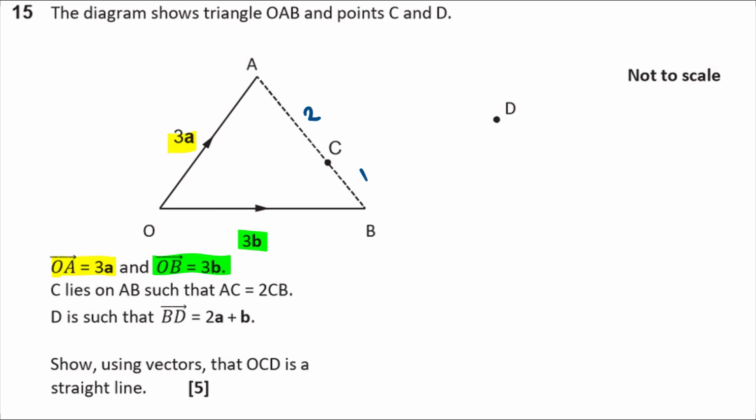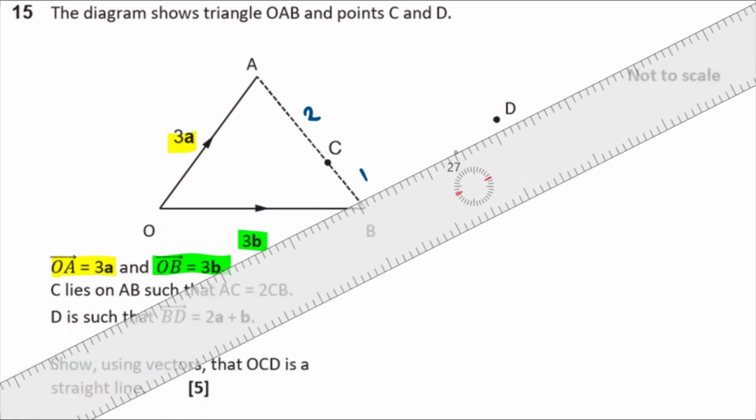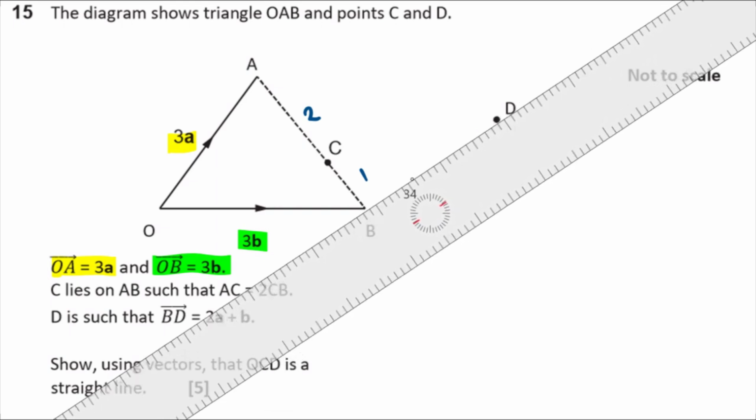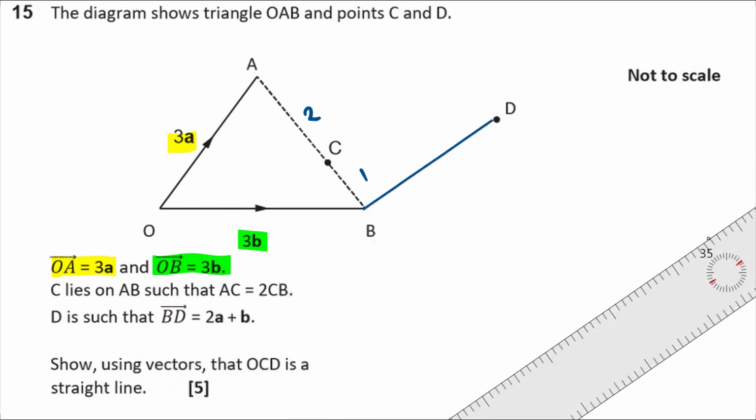And then what else have we got? We've got D is such that B to D is 2A plus B. That isn't on there yet. Let's put it on. B to D is 2A plus B. So we know that this vector here is vector BD, 2A plus B. So, show using vectors that OCD is a straight line.